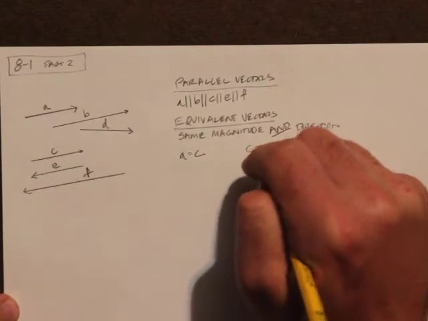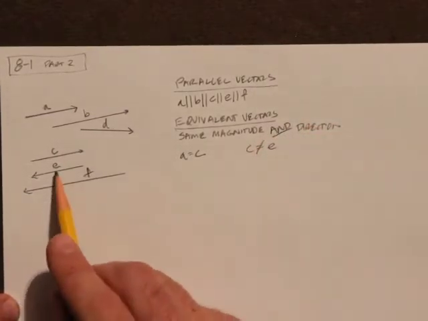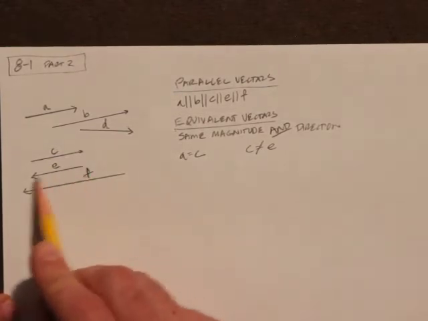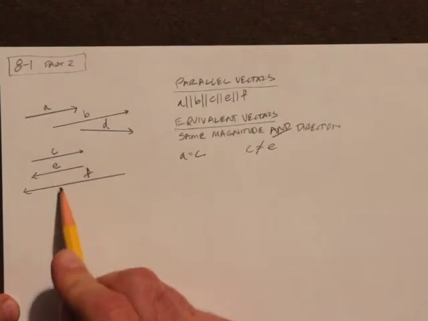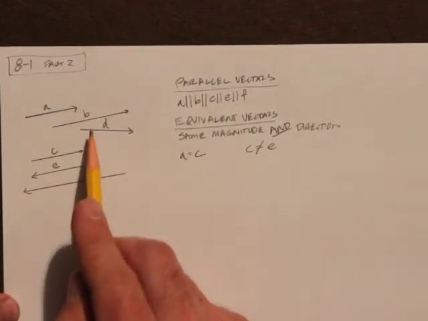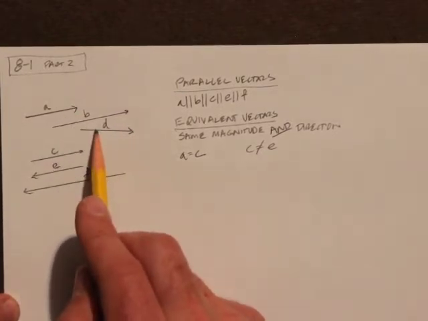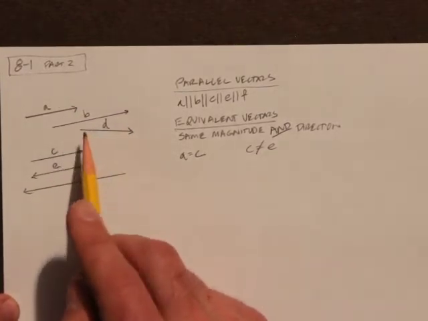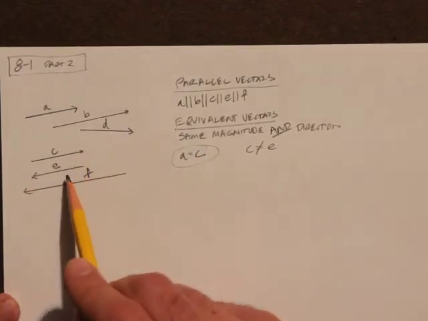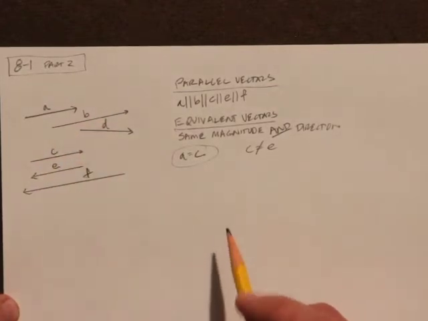So C does not equal E. Now E and F are going the same direction, but they don't have the same magnitude. A has the same magnitude as D, but they're not going the same direction either. So A and C are the only equivalent vectors here in this example.